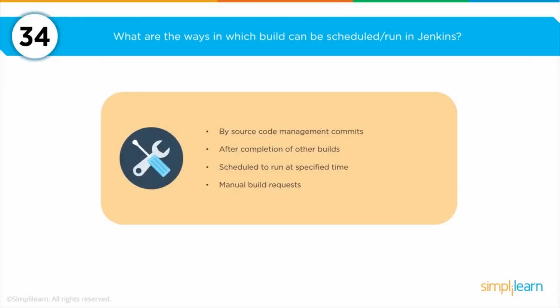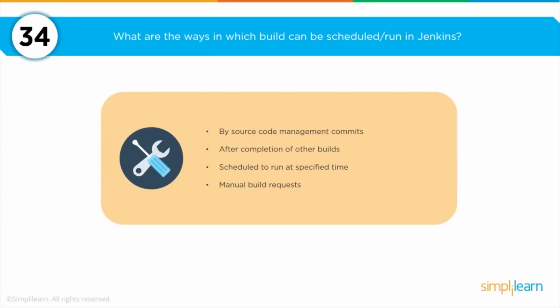So what are the ways in which a build can be scheduled and run in Jenkins? Well, there are 4 ways. The first is when source code management commits new code into the repository; you can run Jenkins at that point. The second can be after the completion of other builds.